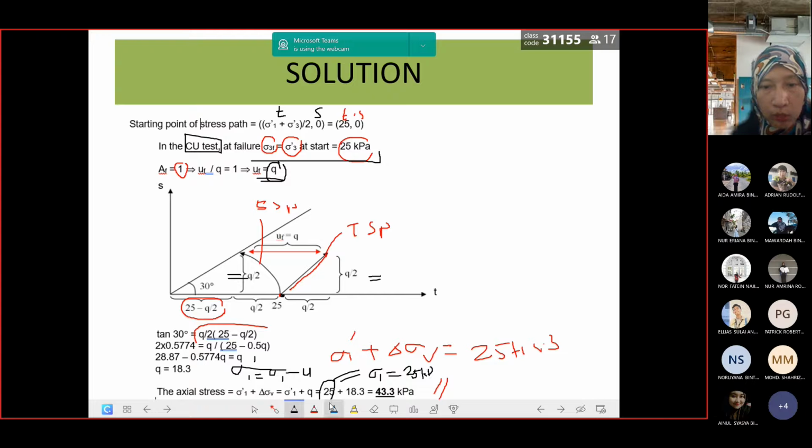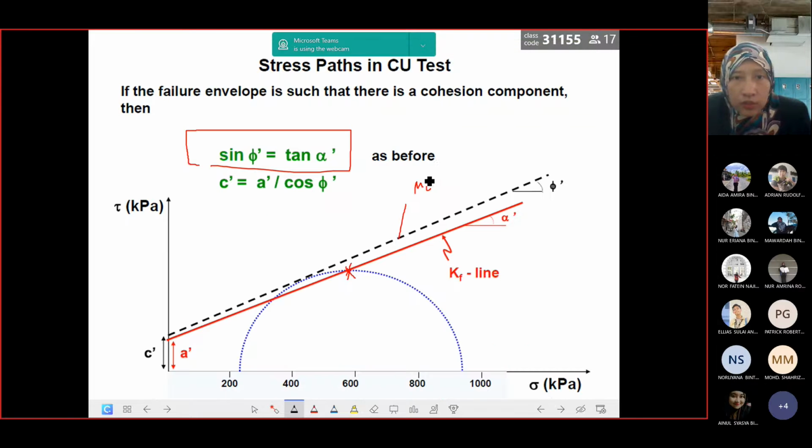So 25 kPa tambah dengan pore pressure, so you akan dapat the axial stress of the sample. So kita dah dapat lah efektif tadi, efektif 25 campur dengan total stress, campur dengan pore pressure, so you akan dapat total vertical stress.